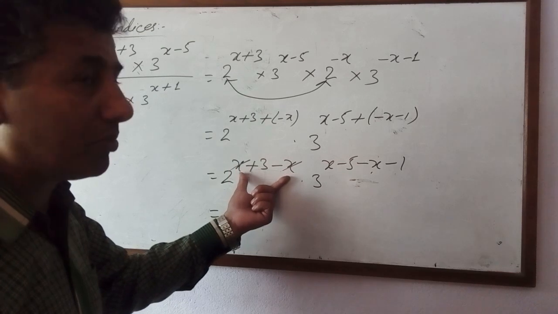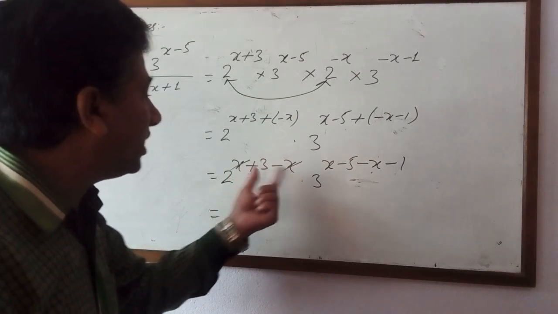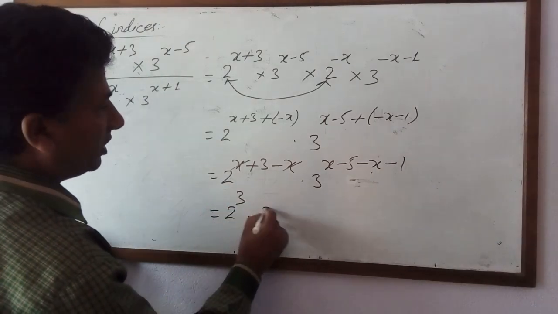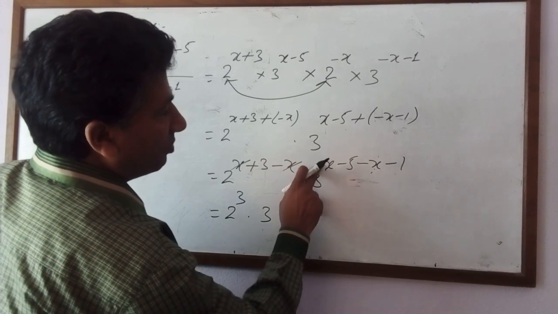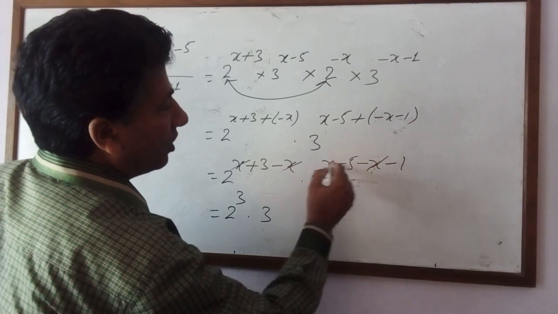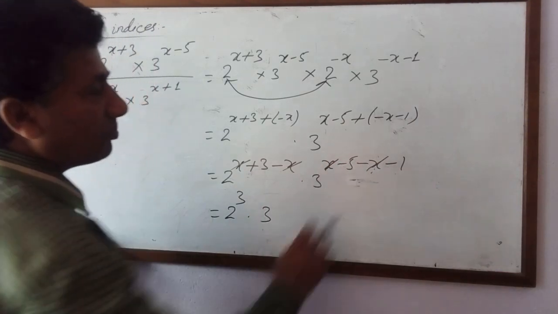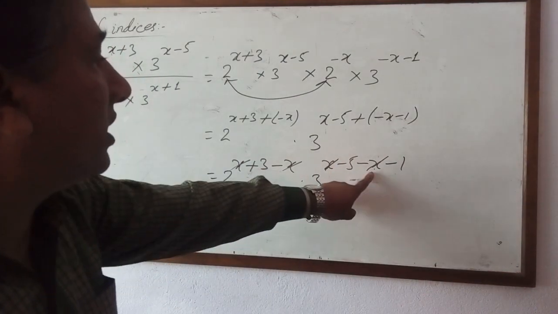This is the method of subtraction. After subtraction, their value will be 0. Now remaining is 2 power 3 times 3 power. Here also this x is positive, this x is negative. Here the coefficient is 1, here also coefficient 1. 1 minus 1 is 0, that's why we remove this. This is called cancellation. After addition and subtraction, their value will be 0, that's why we cancel like this.